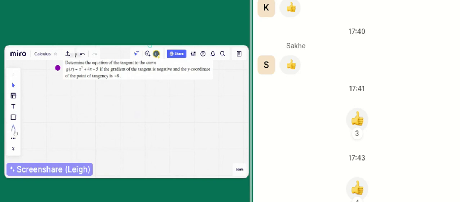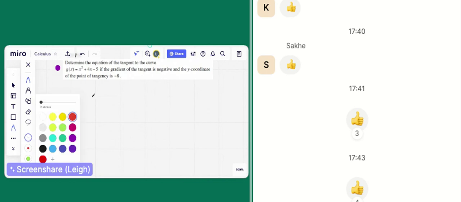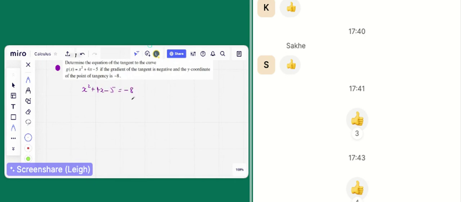Okay, so what we should have done here is we should have allowed x squared plus 4x minus 5 to be equal to -8. After that, we would have brought the -8 over to the other side, and we would have ended up with x squared plus 4x, add 8 here, add 8 here, and then that means we would have ended up with plus 3 is equal to 0.